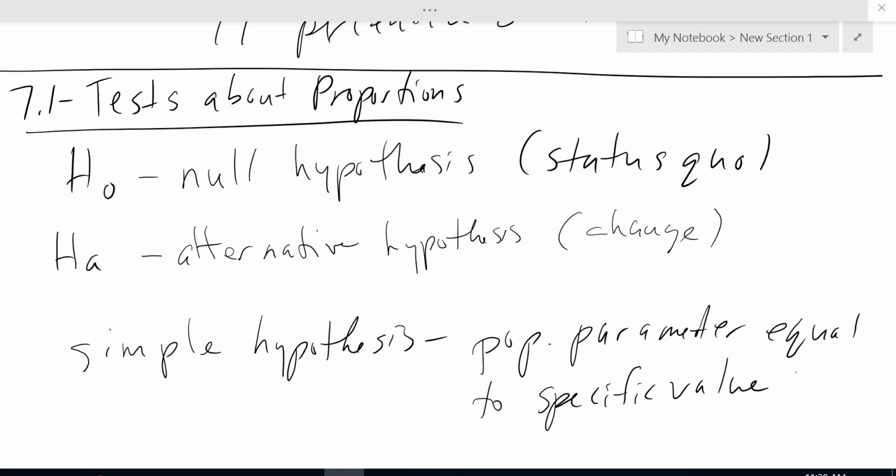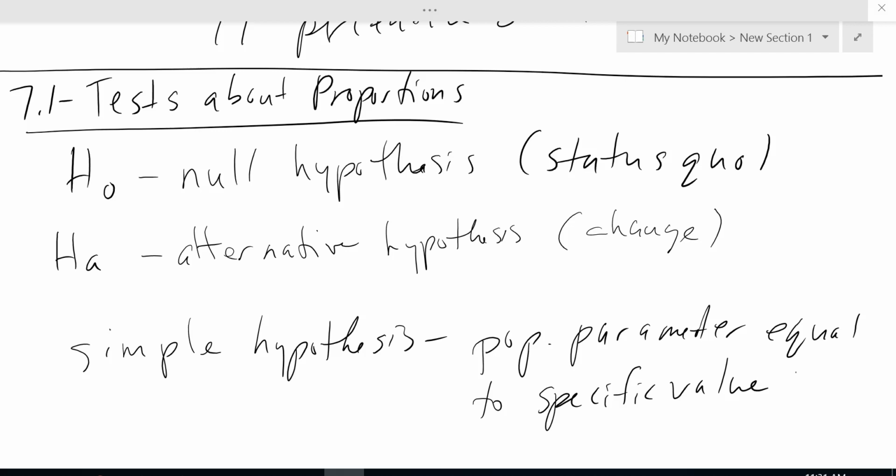If you're going to make a change, you're trying to move off of that hypothesis, not making a statement that this specific proportion is now the new status quo, but just that you've hopefully reduced the number of defective light bulbs. That's a compound hypothesis, not simple. If I'm going to move off of the value equal and move into a range, that's a compound hypothesis.